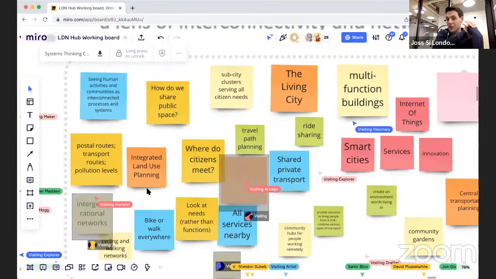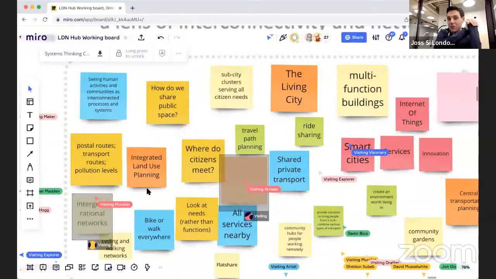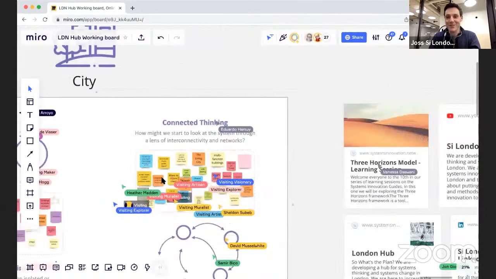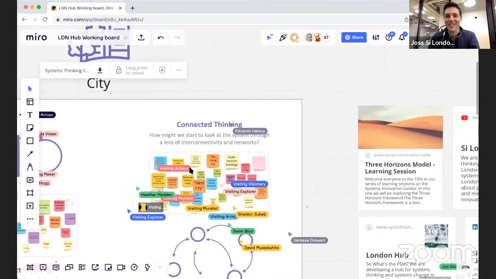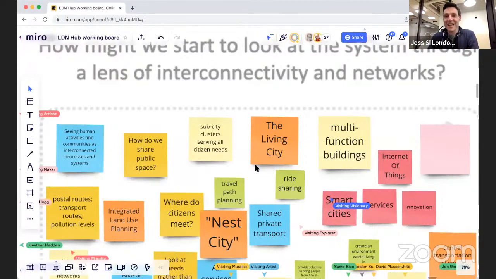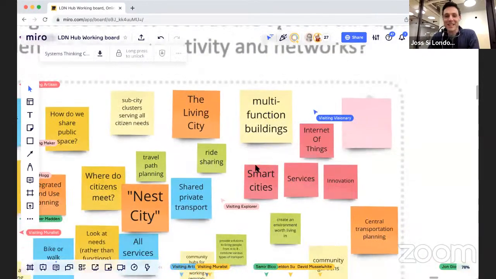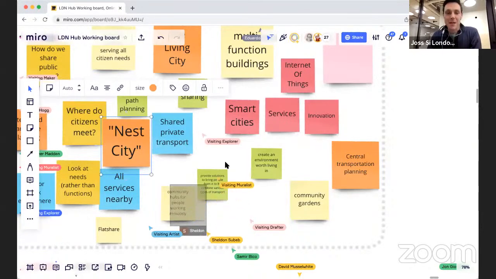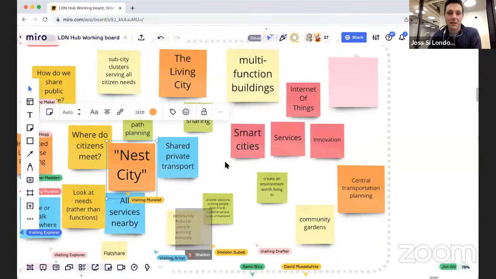Great, interesting that one. Sub-city clusters serving all citizen needs. Wow, quite impressive. You seem to be a bunch of urban planners or architects or something. I like these ideas. Multifunctional buildings, yeah, great. Nest cities, shared pipe, yeah, great. Looks good. Create an environment worth living in.